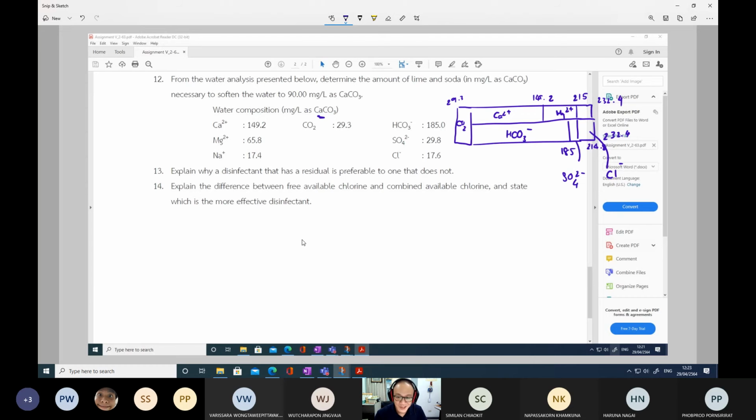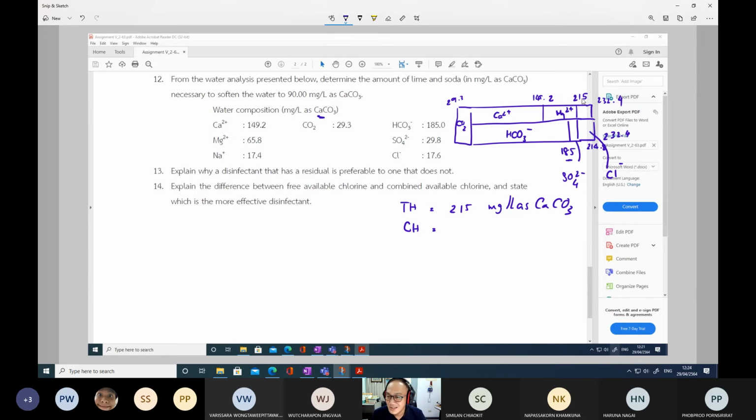So here, if I ask you what the total hardness is and what the carbonate hardness is: the total hardness is, of course, 215 milligrams per liter as calcium carbonate. Bicarbonate is only 185.